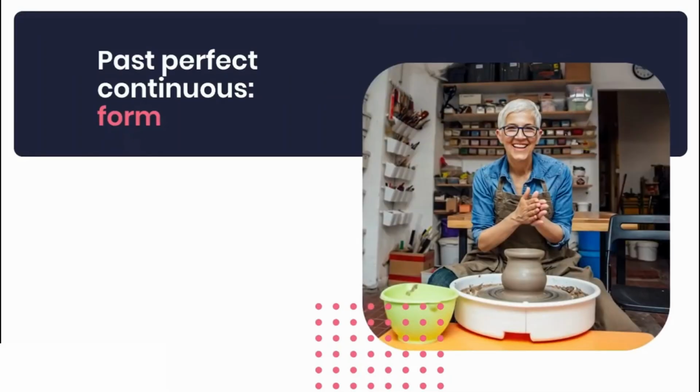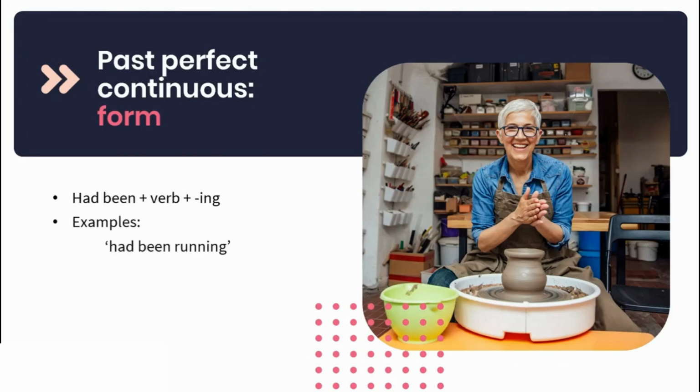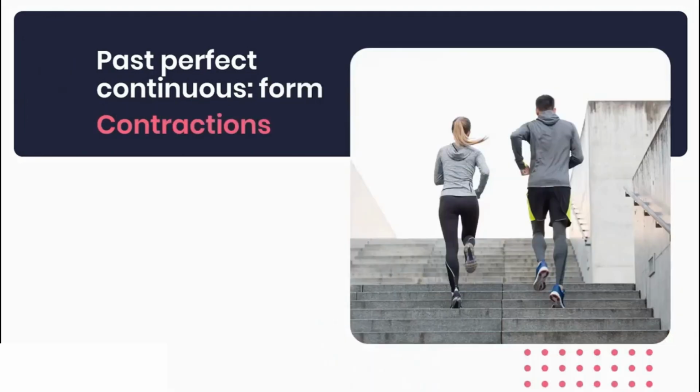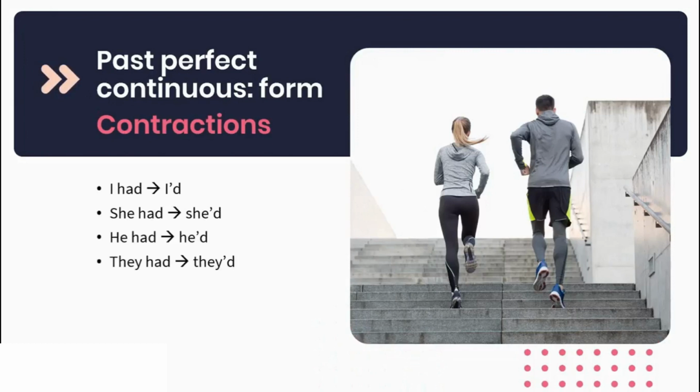The form of the past perfect continuous tense is had been plus the verb plus ing. For example, had been running, had been driving, and had been creating. As you know, you can use contractions when using auxiliary verbs like had.